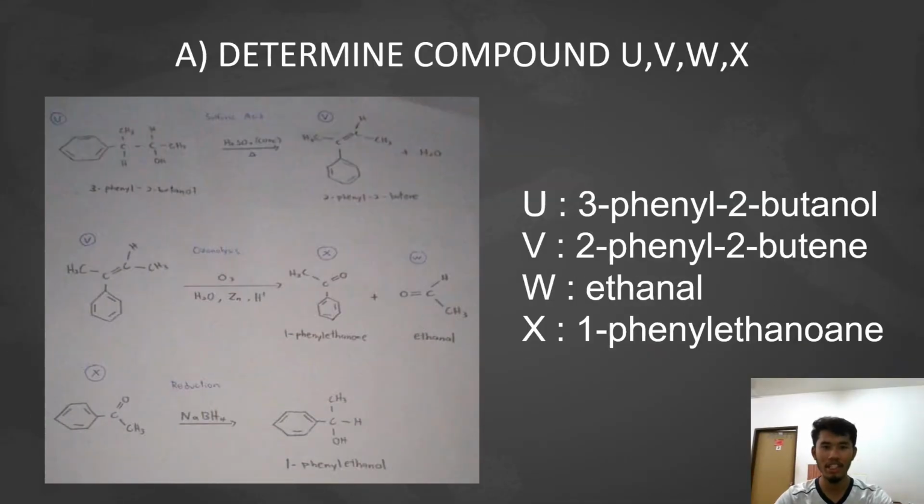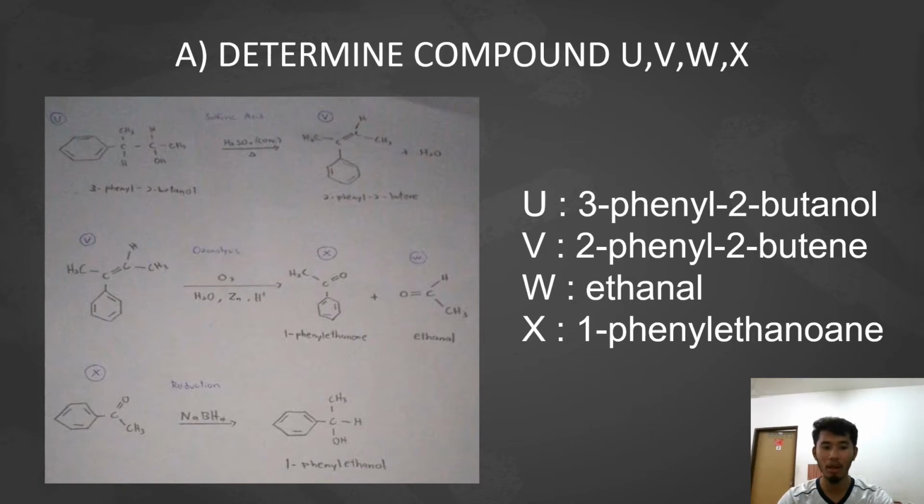The first question is to determine compounds U, V, W, and S. The compound U that we get from the question is 3-phenyl 2-butanol, as it gives a positive identification test.